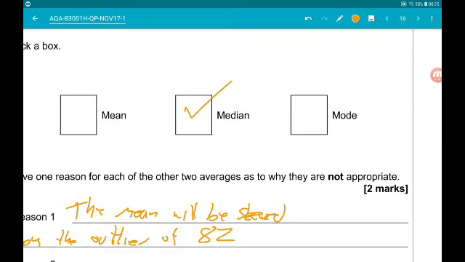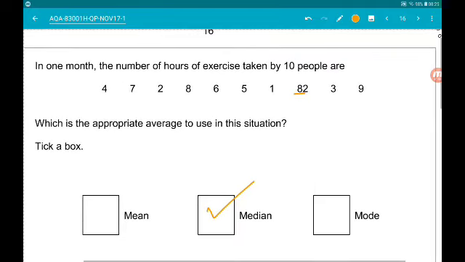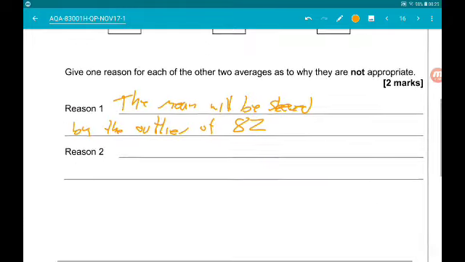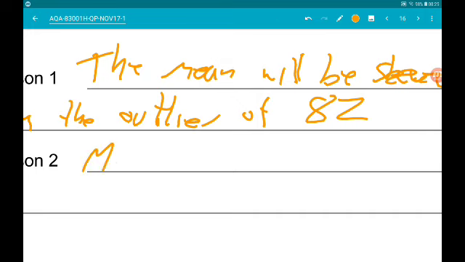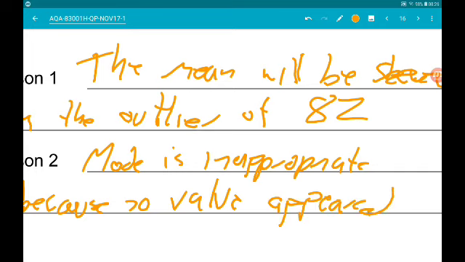So remember, mode is the most common. If you look at the data, no number came up more than once. So the mode is inappropriate because no value appeared more than once. Cool.